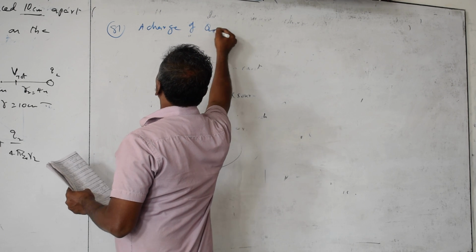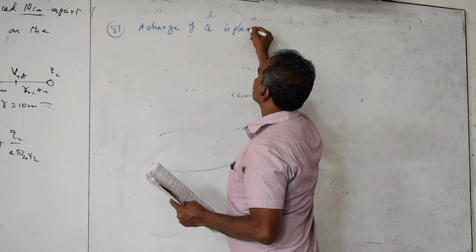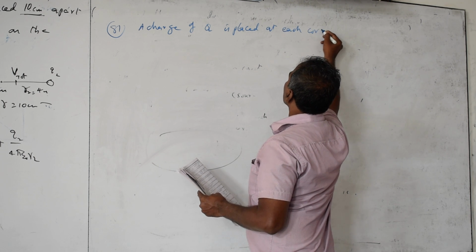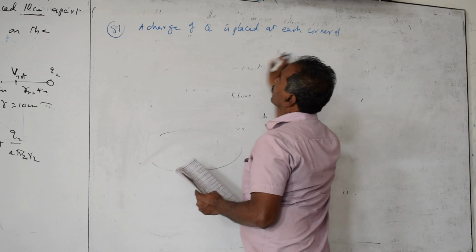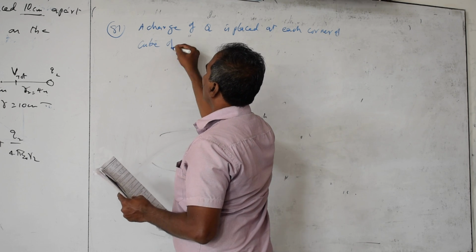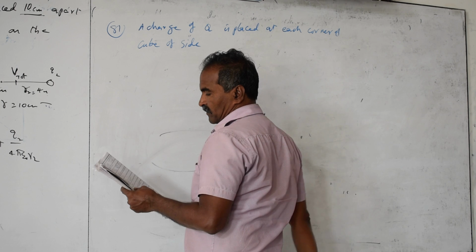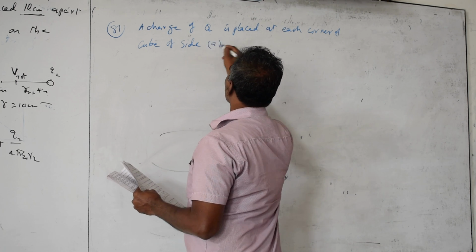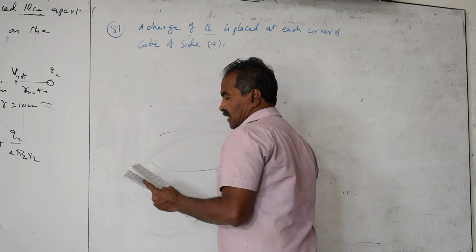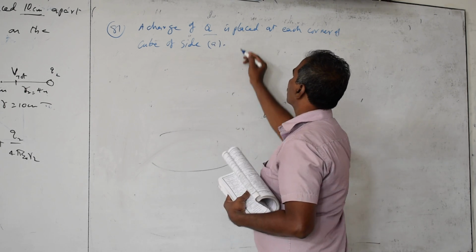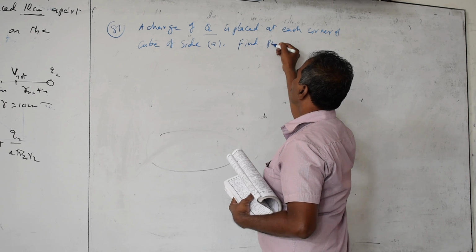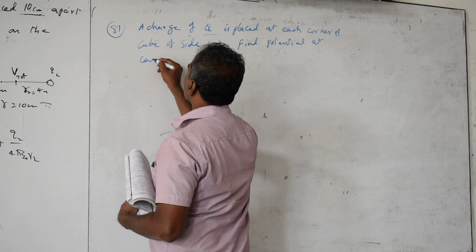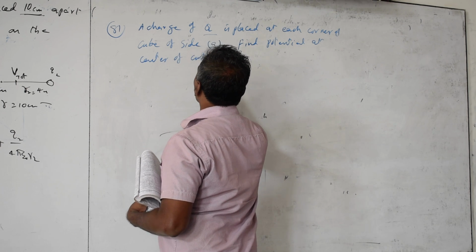Charge Q is placed at each corner of the cube of side A. It is not a square, it is three-dimensional, of side A. Charge is Q, side length is A. Find the potential at the center of the cube. Find potential means total potential at the center of the cube.